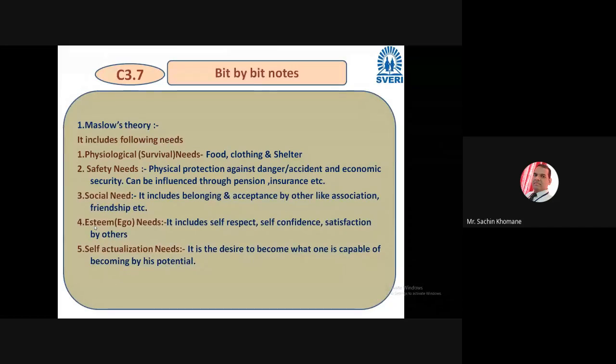What things come under safety needs? If something happens, danger, some accident happens with you, if you need certain money sometime, these things also come under safety, right? Or if in the retirement stage you need pension, you need certain insurance, right? So such a kind of safety need Maslow has included.